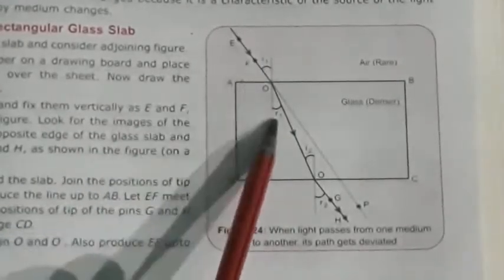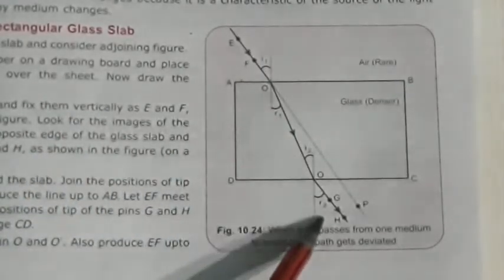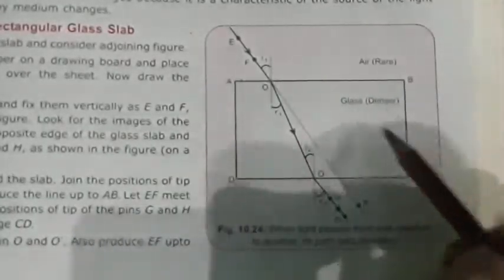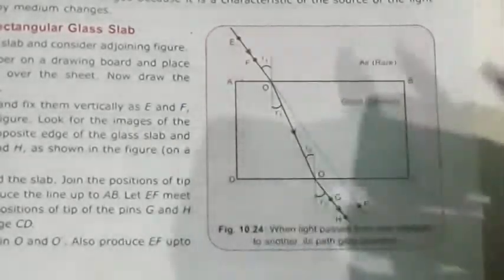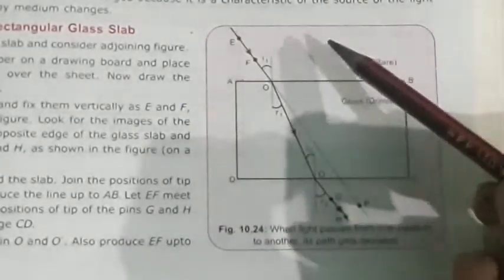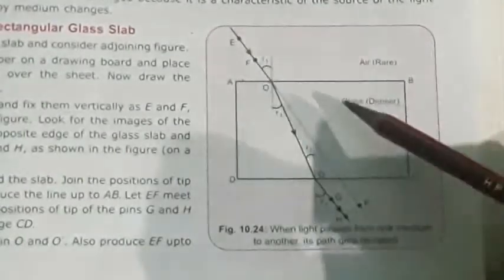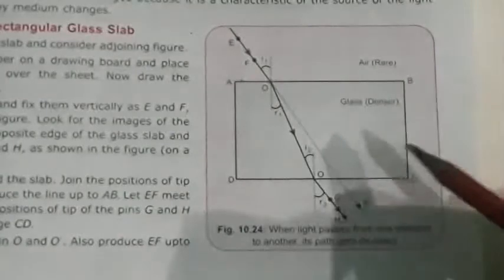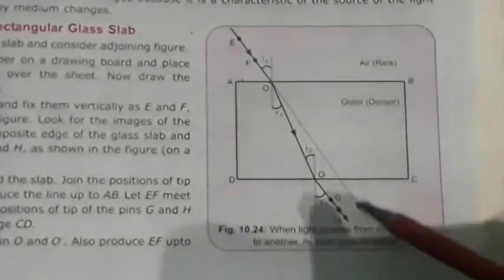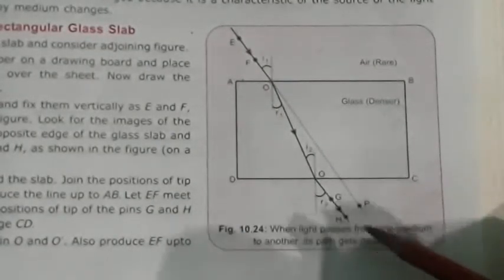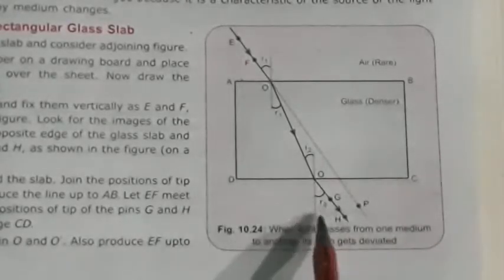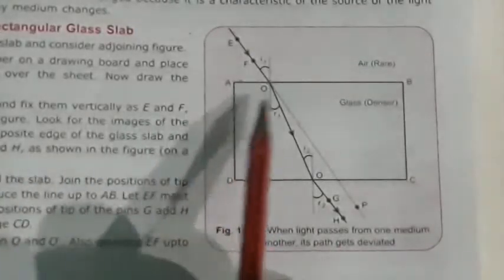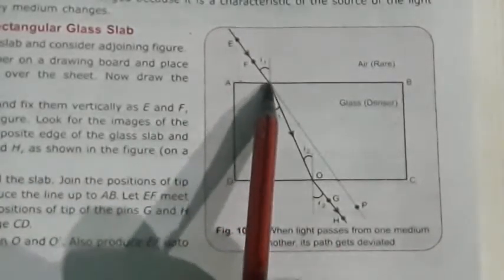This one is I2, this is R2, because here this is denser and this is rare. So what happened first: when the light comes from rare to denser, it moves toward the normal. When it comes from denser to rare, it moves away from the normal. So this is moving away. This line is going like here.